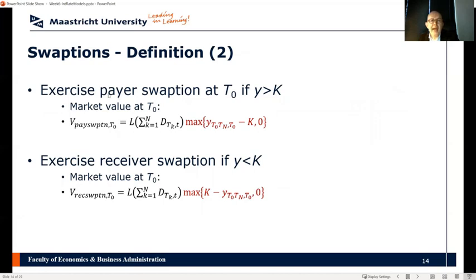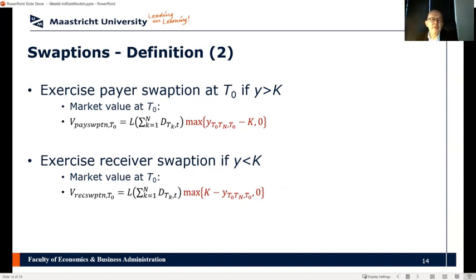So when do I want to exercise my payer swaption? Well, if I have the right to start paying an interest rate of K, this will be interesting for me if the market interest rate Y is higher than the contract interest rate K that I have from my option. So at time t0, what is the market value or what is the payoff of a swaption?